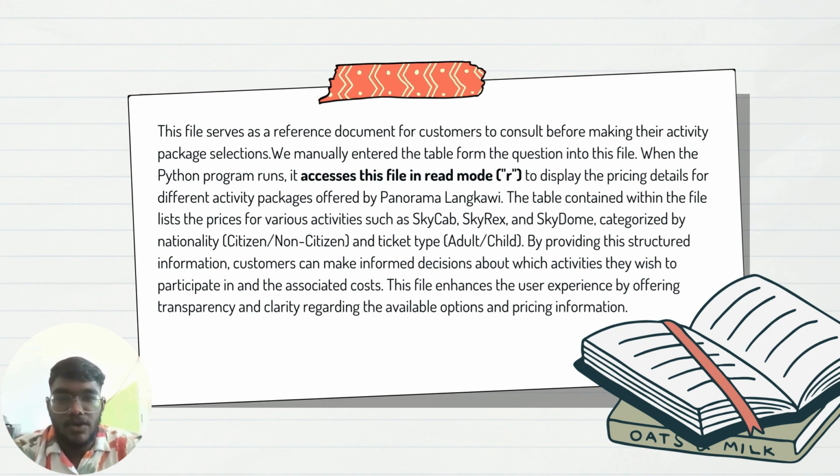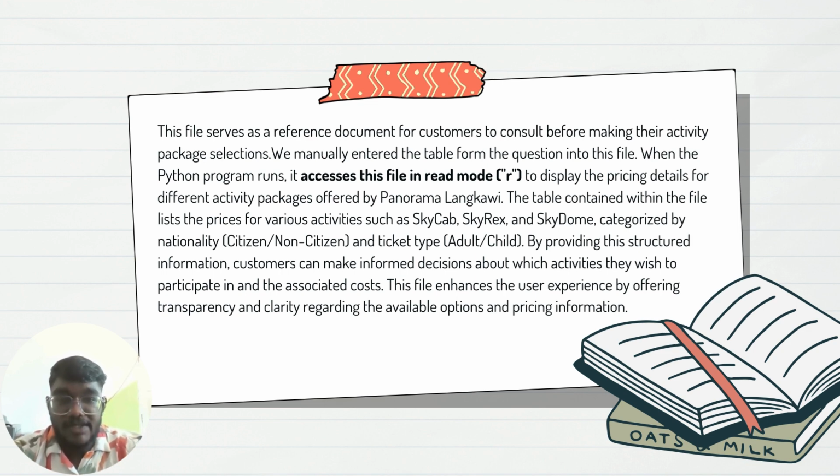The table contained within the file lists the prices for various activities such as Skycap, Skyrex, and Sky Domain, categorized by nationality, citizen or non-citizen, and ticket type, adult or child.